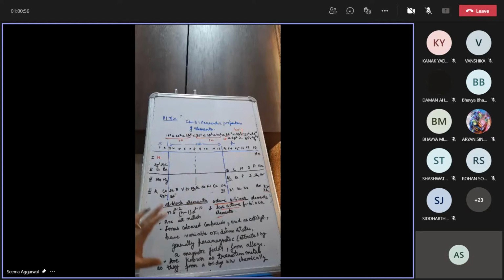Or because on one side they are chemically active S block elements and less active means less reactive P block elements. In NCERT they have given it in this language.